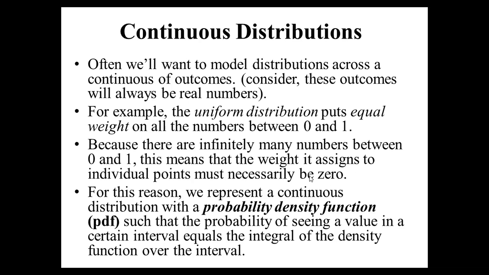If we are talking about the weights, then when it comes to infinity, if I divide 1 by infinity, with infinite points between 0 and 1 each having equal weightage, I will get 0, or nearest to 0. For this reason we do not want the weight to be 0; we want a real weight for each of the points. So we represent a continuous distribution with a probability density function, also called a PDF.